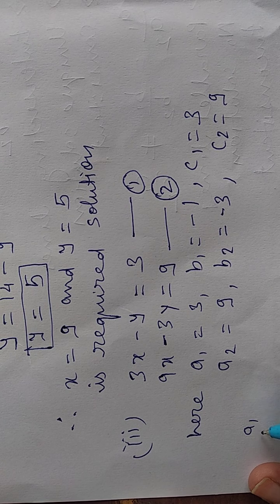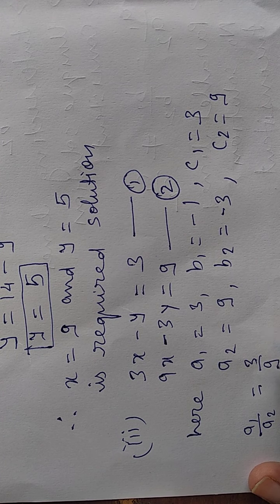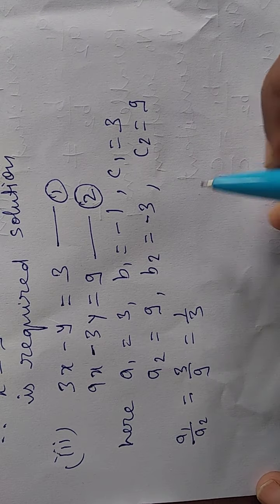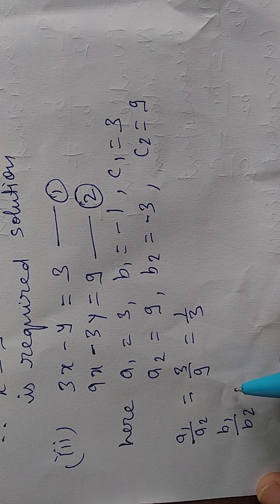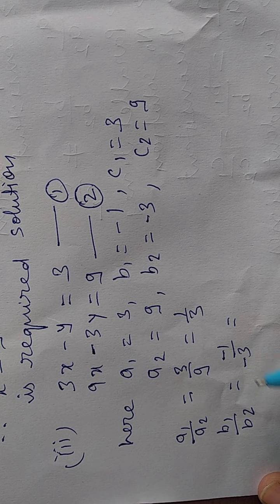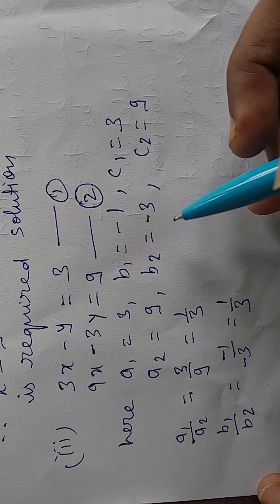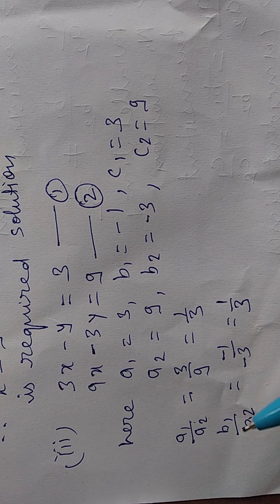So a1 upon a2 is equal to 3 upon 9, that is 1 upon 3. b1 upon b2 is equal to minus 1 upon minus 3, that is 1 upon 3. Now we get these two values, a1 upon a2 is equal to b1 upon b2.